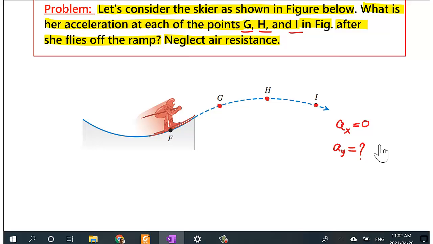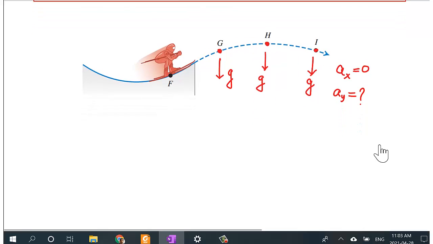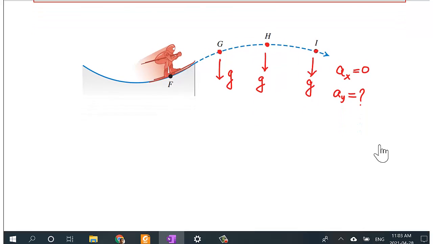So at all the points, either G, H or I, it is a free fall acceleration. So the magnitude of acceleration in the y direction is nothing but g, and this is acting in the downward direction. If I assume my y-axis is upward, then a_y is equal to minus g, and this is at G, H and I.